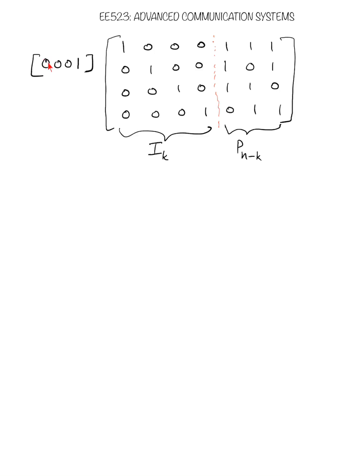It's 0 into 1, which is 0, 0 into 0, plus 0 into 0, plus 1 into 0. So it's all 0. 0 plus 0 plus 0 plus 0 becomes 0. Again, for the second one, 0 into 0, 0 into 1 is also 0, 0 into 0 is also 0, 1 into 0 is also 0. So that also you will get as 0.